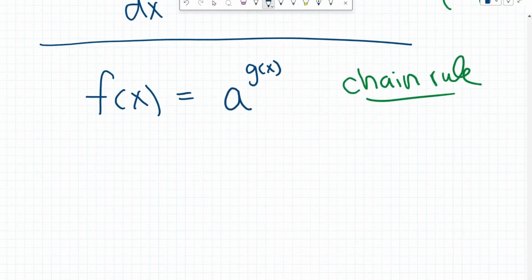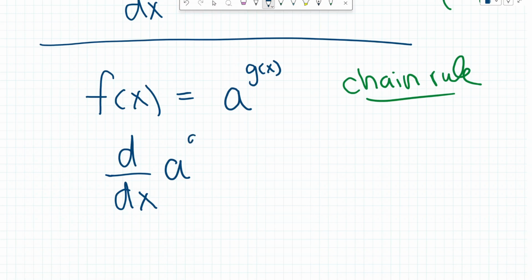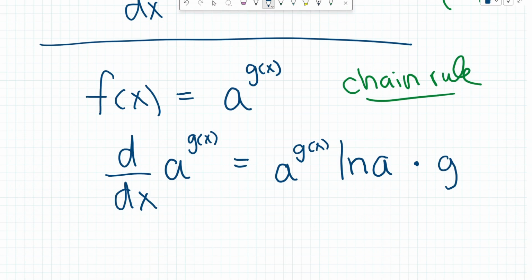Let's go through this process. The derivative with respect to x of a to the power of g of x equals a to the power of g of x multiplied by ln a, and then this whole thing is multiplied by the derivative of our inside function, g of x, so multiplied by g prime of x.